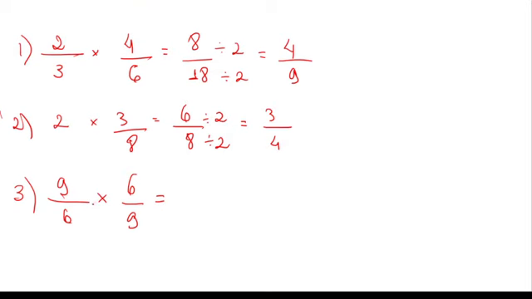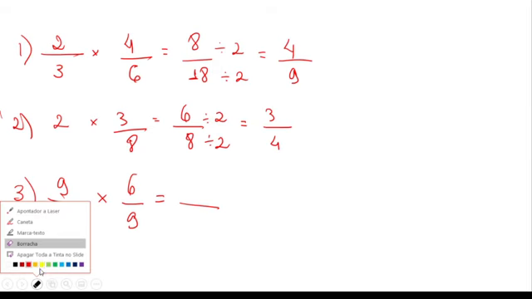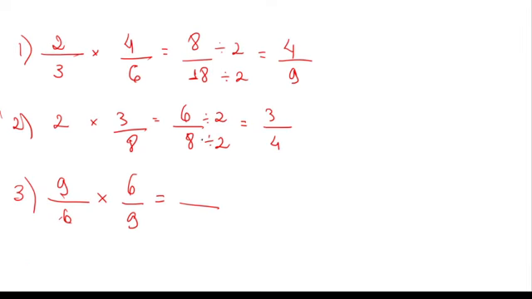So you can simplify directly here, 9 by 9 and 6 by 6, or I just do 9 times 6, 54, and 6 times 9, 54. This becomes 1.